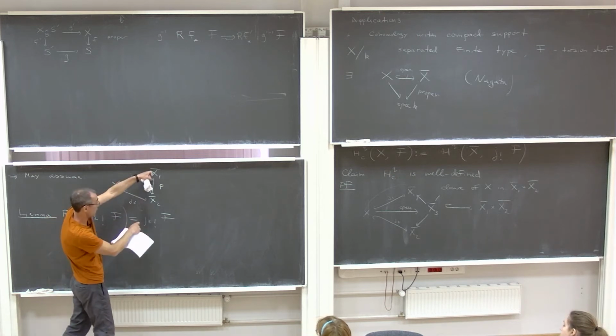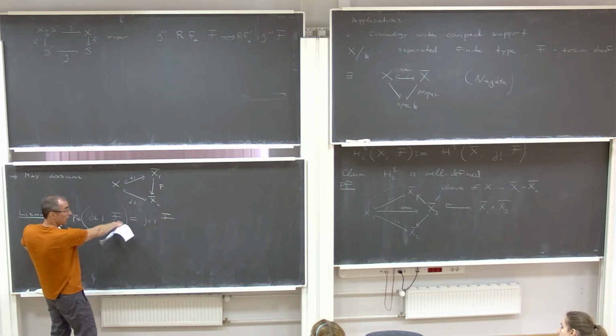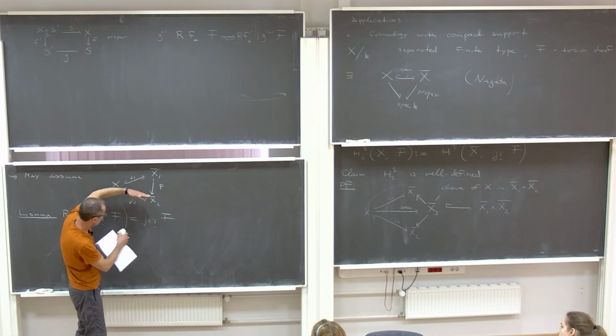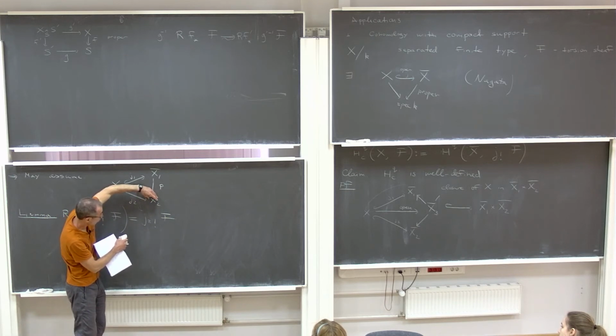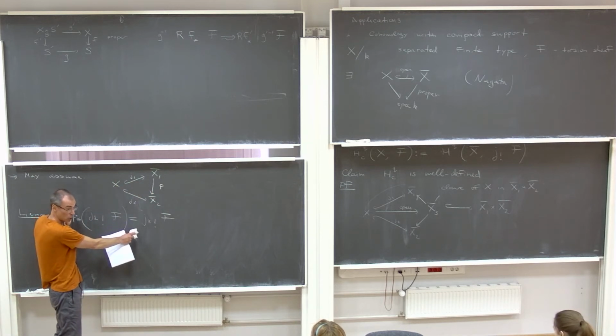You can first take the derived direct image here, that's what we have here, and then you need to take homology of X2 bar with coefficients in this derived direct image.